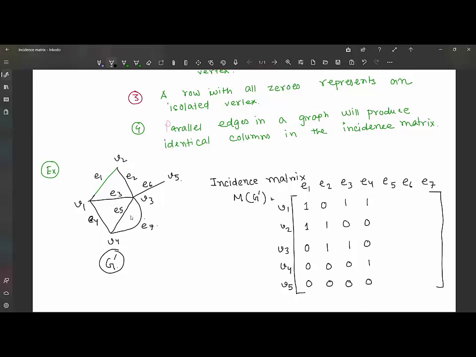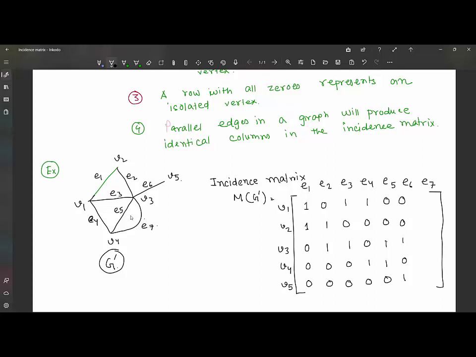E5 is connected with V3 and V4, so put 1 for V3 and V4 and every other value is 0. Then E6 is connected with V3 and V5, and every other value is 0.